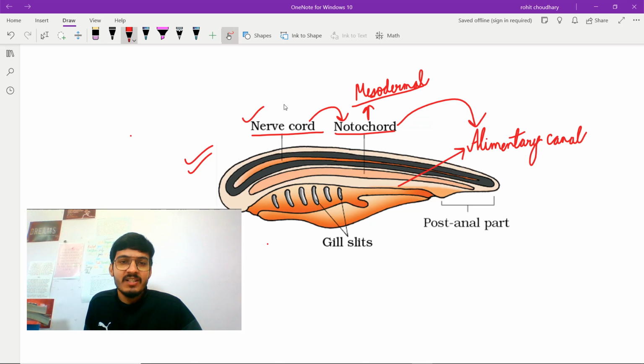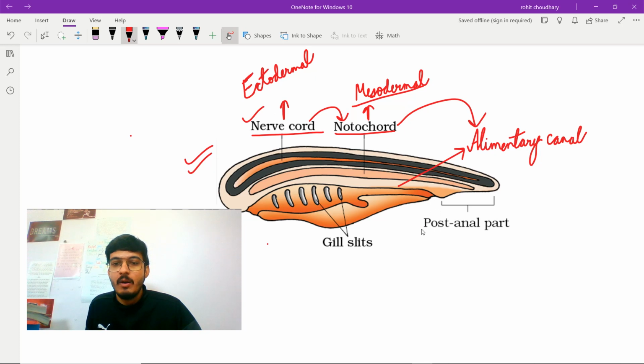The origin of this nerve cord is ectodermal. The outer covering of our body, the skin, the hair, and the nails are all ectodermally derived.